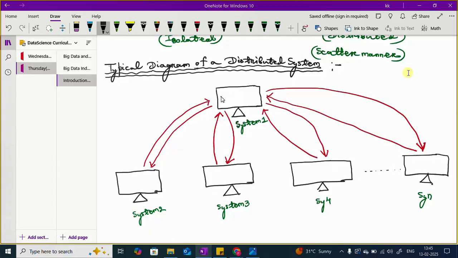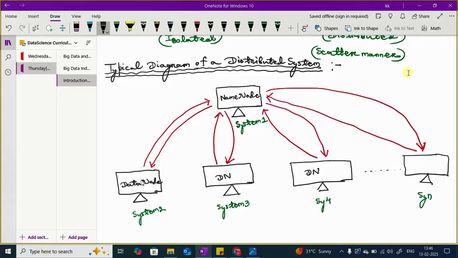Or I can say name node. Name node. And the other systems which are controlled by the master node are called data nodes. Data node. In short, I'm writing DN.